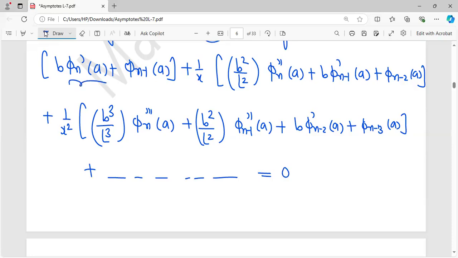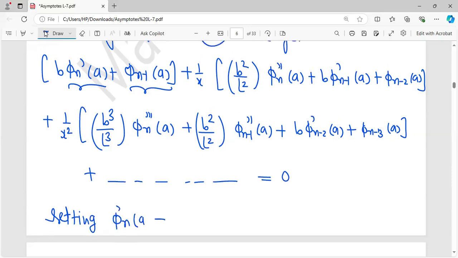But phi n dash 0 and phi n minus 1 is 0. So setting phi n dash is equal to 0 and phi n minus is equal to 0, we get what we get.